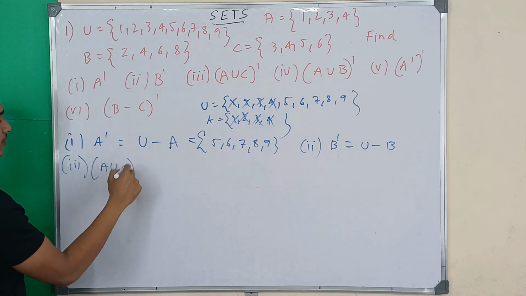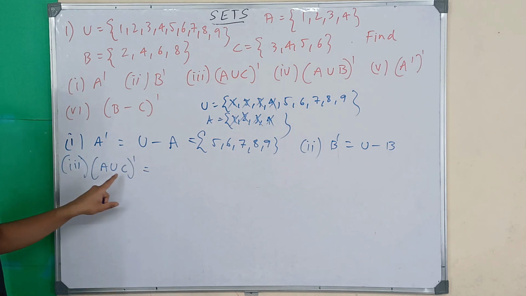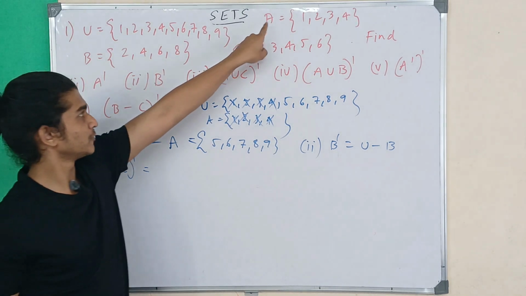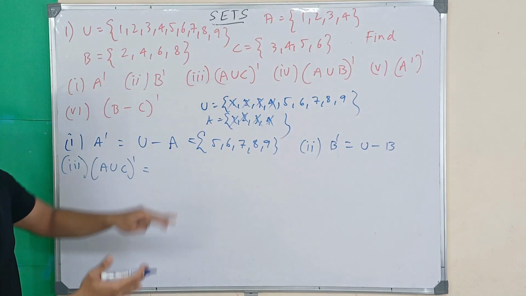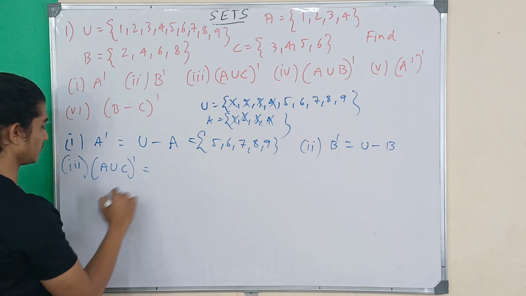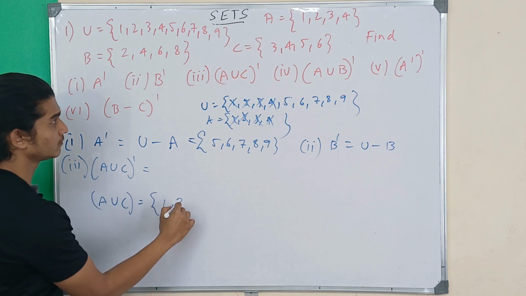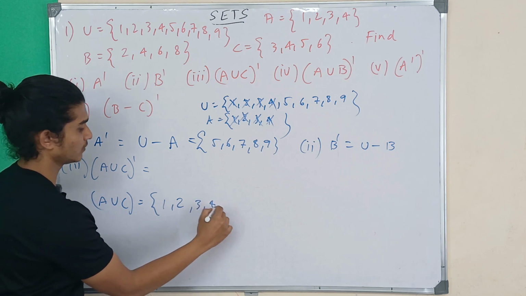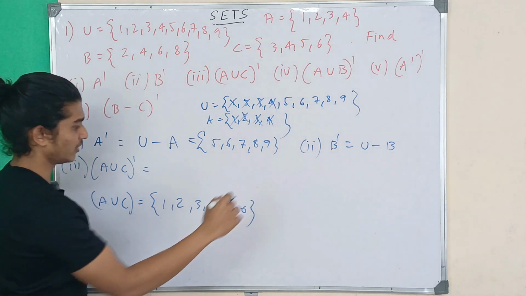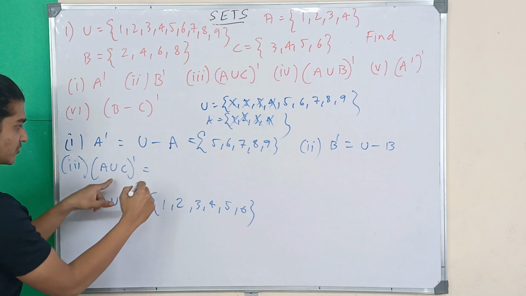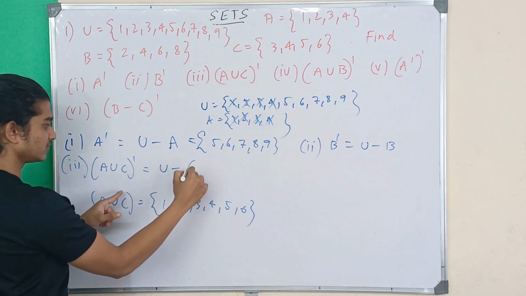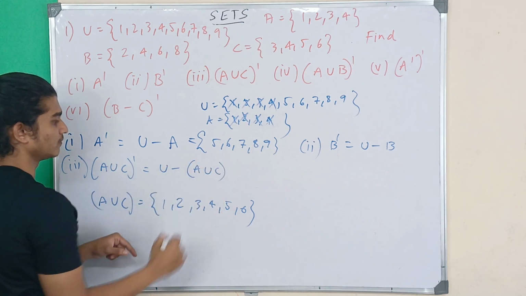Third one, (A union C) whole complement. First we're supposed to find A union C. So we have to unite these two sets. Let us merge them. So A union C equals 1 2 3 4 5 6. Now the whole complement is basically the universal set minus (A union C).